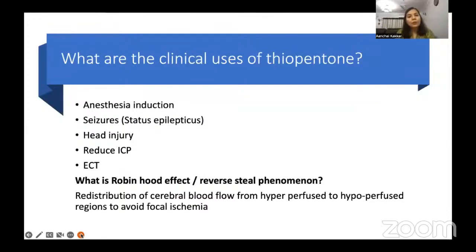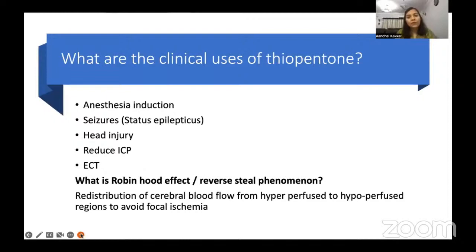Then head injury patients, because it decreases the brain activity on EEG, and it also decreases cerebral blood flow. So it is preferred in patients with head injury or to reduce intracranial pressure, and in patients who receive electroconvulsive therapy also. This is also done because it has a special effect of reverse steal phenomenon.